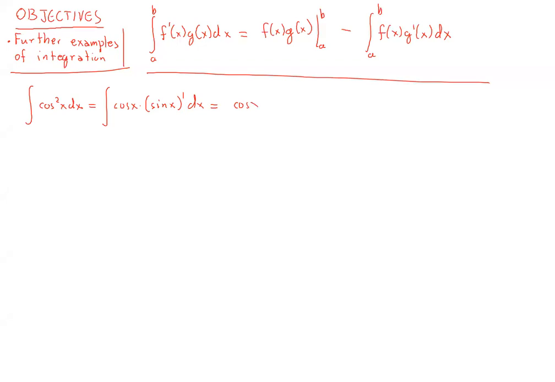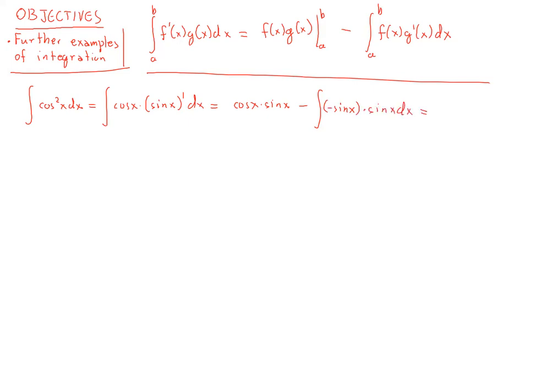So this will give you cosine x times sine x minus, and now you will have to put the prime on the other component. The derivative of cosine x is negative sine x, and that's what we get.